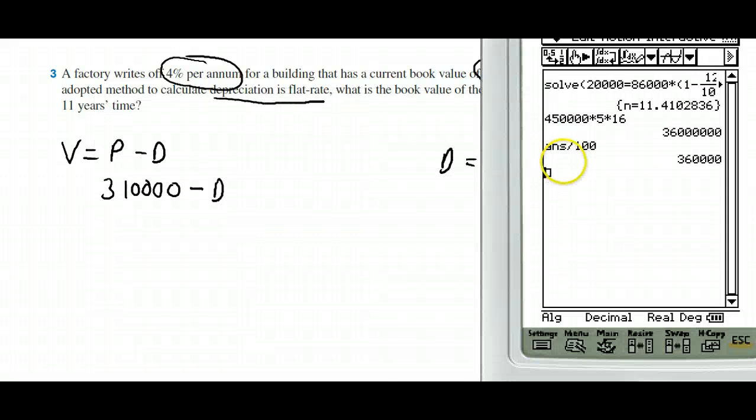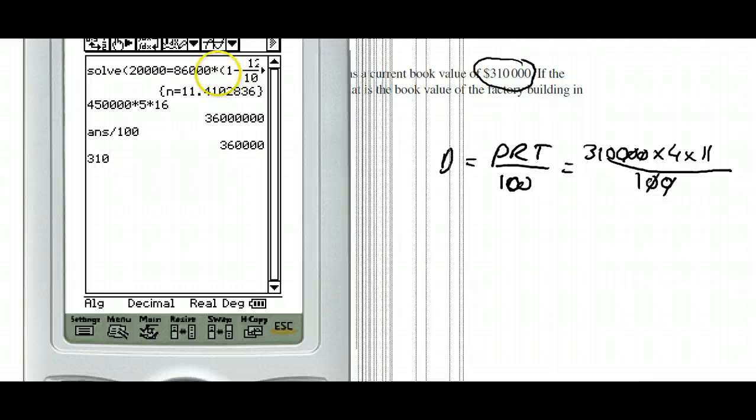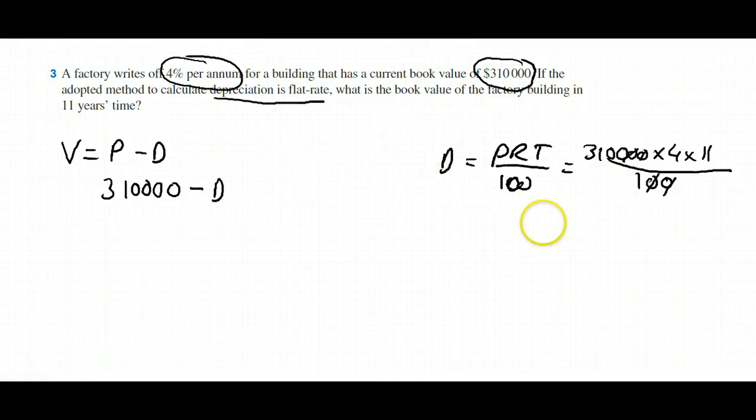So $3,100 times 4 times 11 gives us 136,400, and I don't need to divide by 100 because I've already cancelled out those zeros. 136,400. So that's our depreciation. Let's just get rid of that and replace it with 136,400.